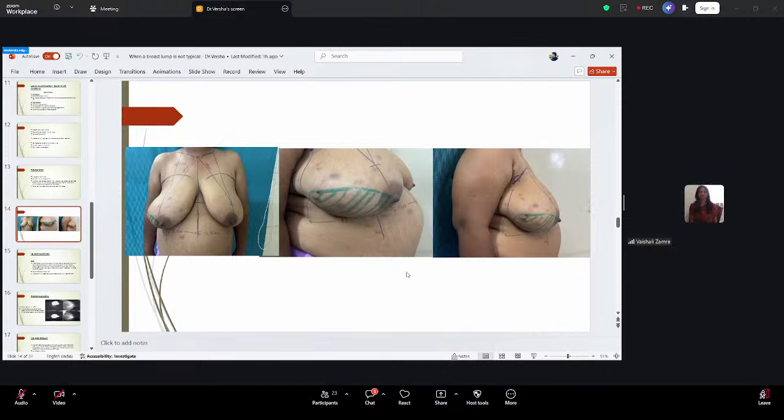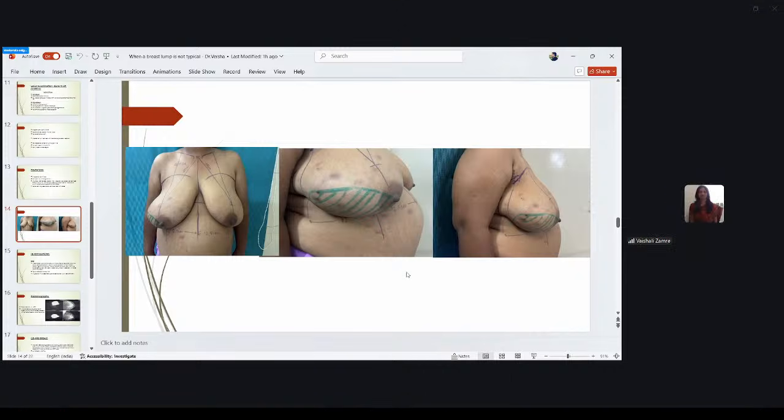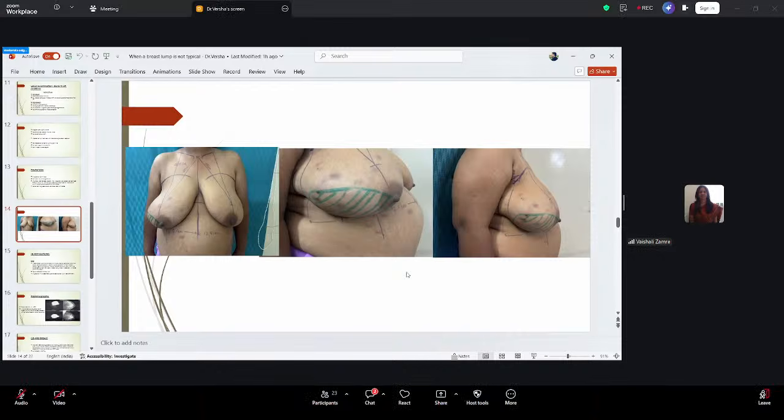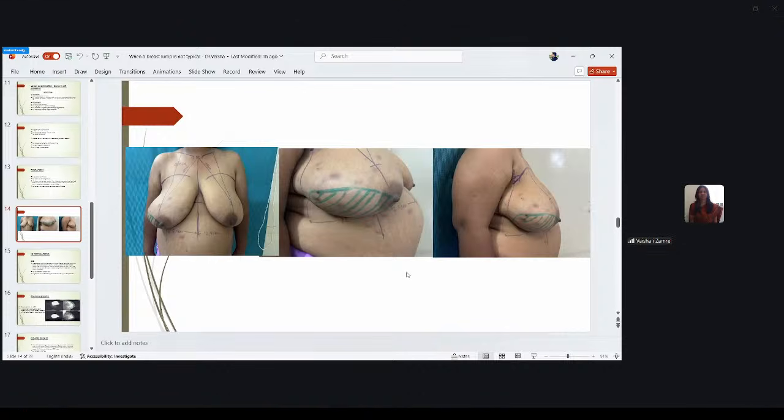Yes. And Dr. Varsha, when you talk about benign breast disease, Dr. Neeta has very clearly told you that then you can talk only about fibroadenoma or sclerosing adenosis and all those things, or those fibrocystic changes. But in this particular case, this is a very large tumor with a typical history that it has grown in size.